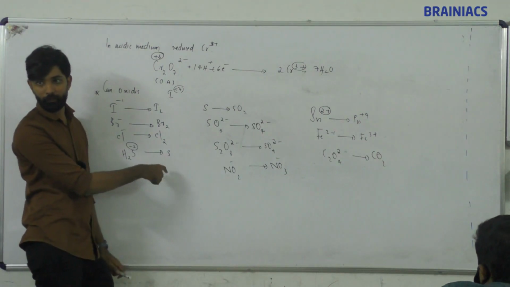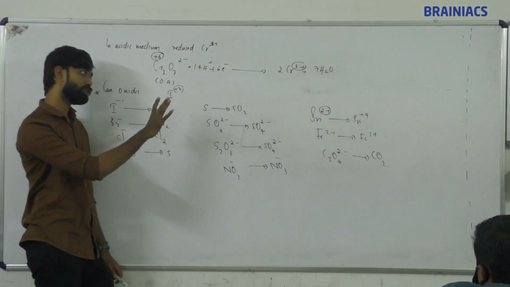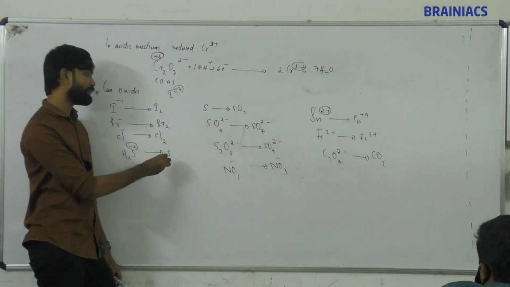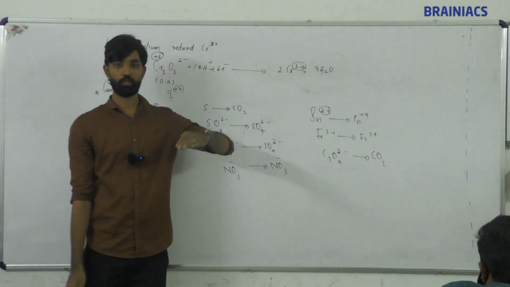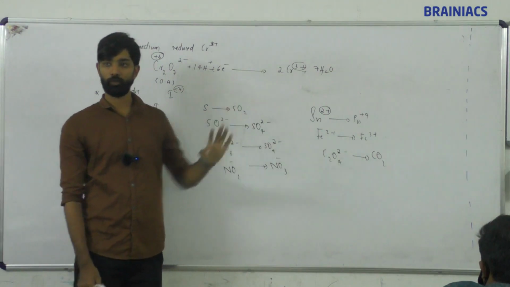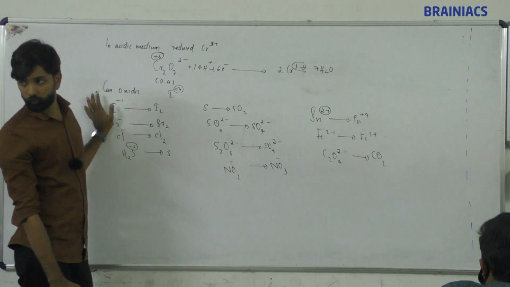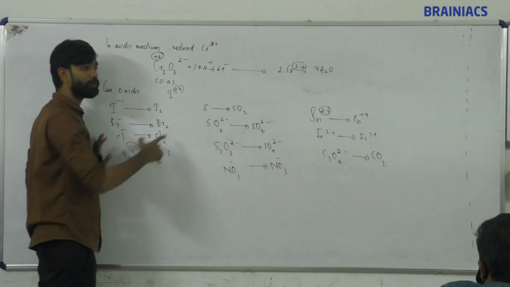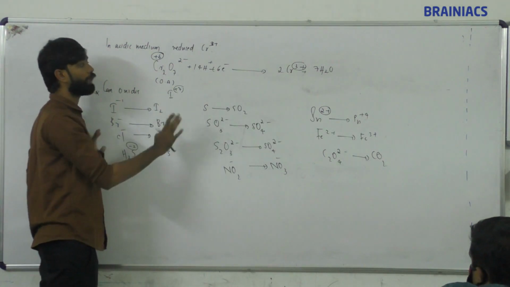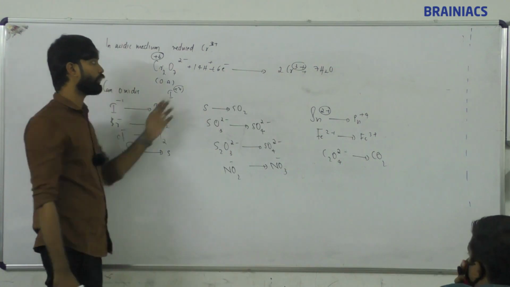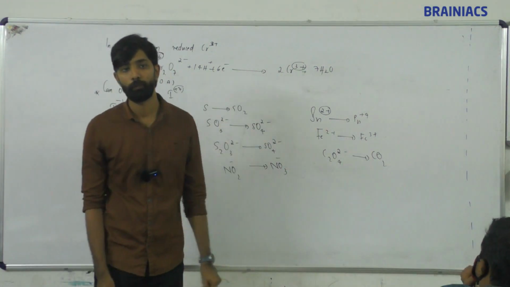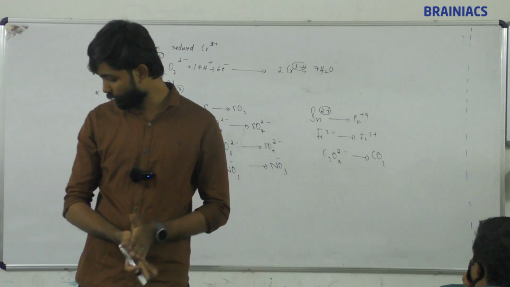If it is in a basic medium, it becomes SO2. Means in basic medium, usually the oxidation extends further. In basic medium, iodide becomes IO3 minus. But your dichromate reaction is only in the presence of acidic medium. Ready? So that's all about dichromate.